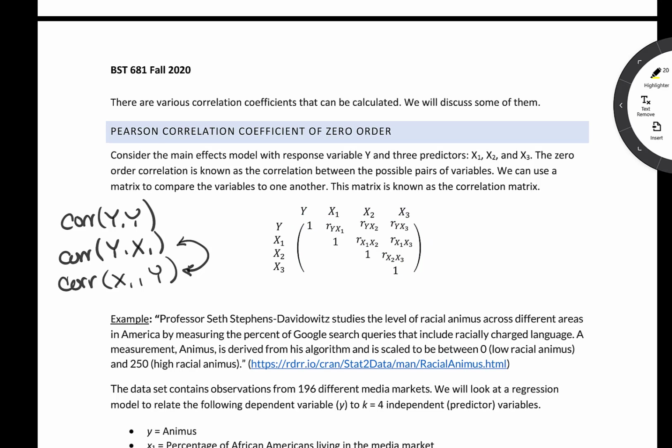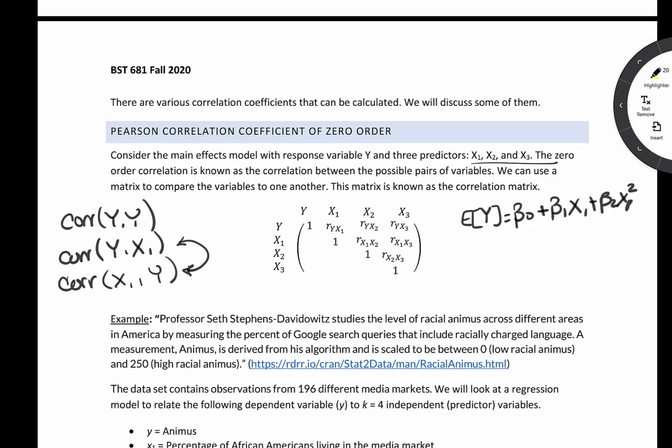Now this was an example where we looked at the correlation matrix for a main effects model. Suppose instead we had a quadratic model. Let's say the expected value of y was equal to beta naught plus beta 1 x1 plus beta 2 x1 squared.